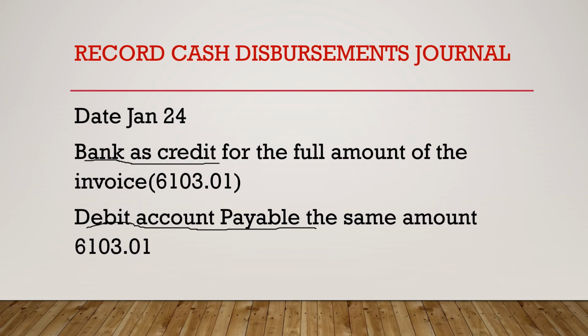Since you have now paid account payable, you will have to debit it just to balance your book, with the same amount of 6,103.01.